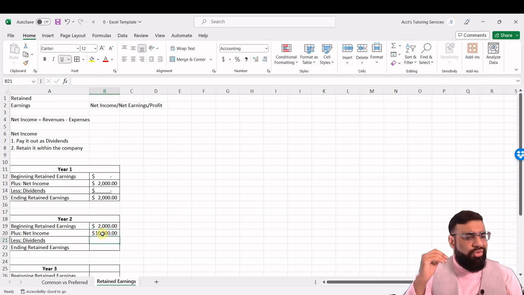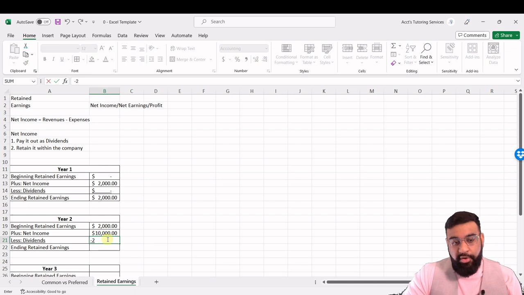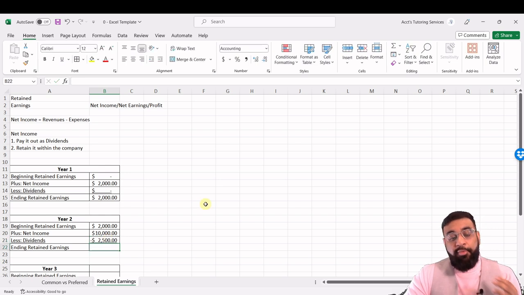Business is doing great, so we pay out dividends of $2,500 to our common and preferred shareholders. Remember, a dividend is not an obligation unless we declare it. Very important: once the board of directors declares it, we have to pay that out no matter what.